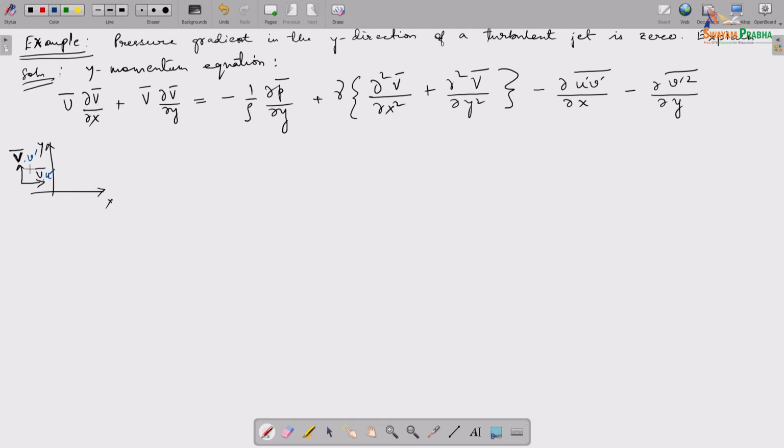Okay, and the pressure also, we take the derivative in the y direction of the mean pressure, right? So this is essentially the y momentum equation, right? Now let us see, if I take a look at this equation, what can we say here? Okay.